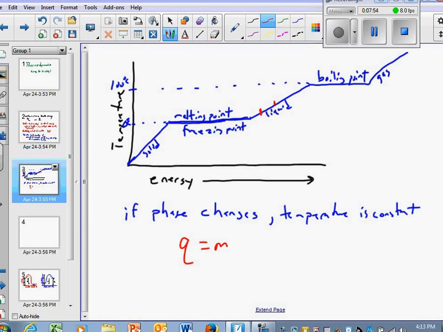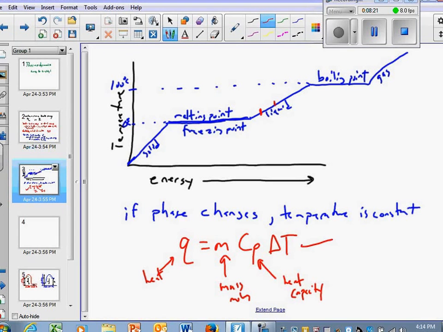And this one, Q equals mCp delta T. Q is heat, energy. Okay. M is mass or moles, depending on what we're talking about. You have to look at the units of your heat capacity. Cp, that's the heat capacity. And delta T, you've seen this before, is a change in temperature.